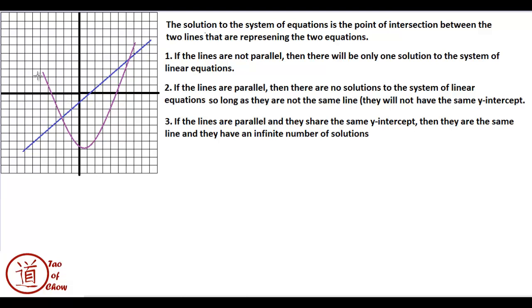However, the purple line is not linear. This is actually parabolic. So that means that this is not a system of linear equations. We're not going to cover this in this lesson, but there are ways to do it, and you can do it graphically as well, just like I showed you in this video, but we can also do it with equations, and I'm going to show you how to do that in the next 2 videos.